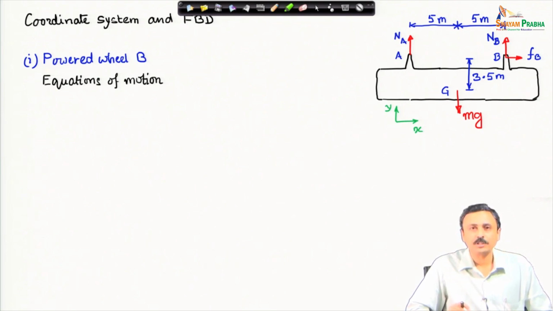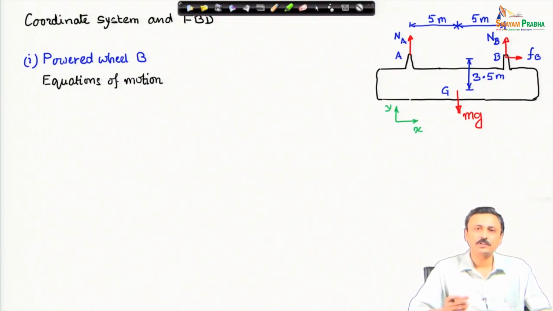Now, equations of motion. This is a rigid body, planar, prismatic. We have three scalar equations, two for the translational dynamics and one for the rotational dynamics.